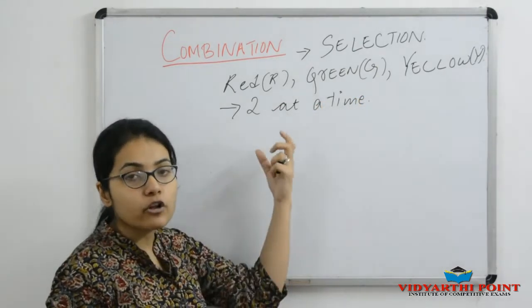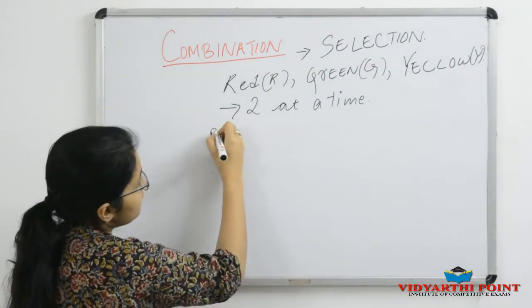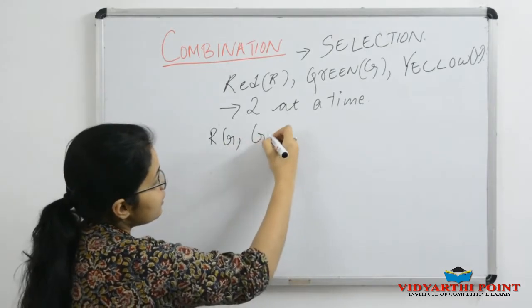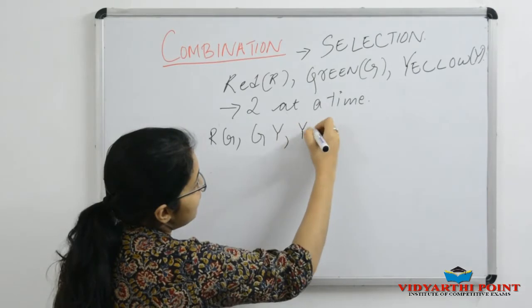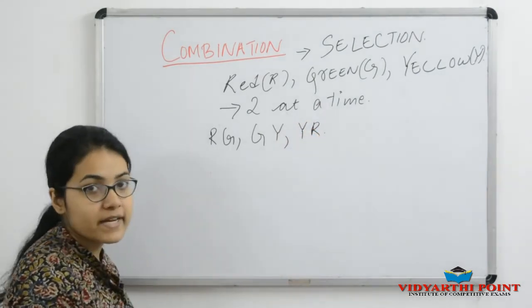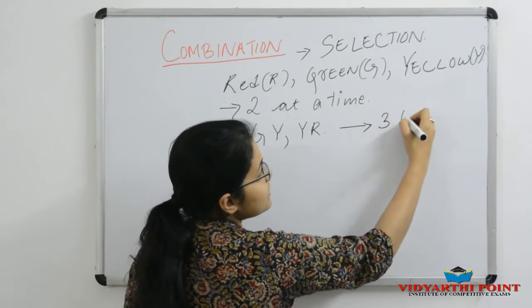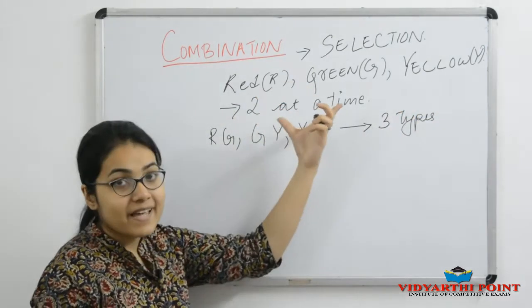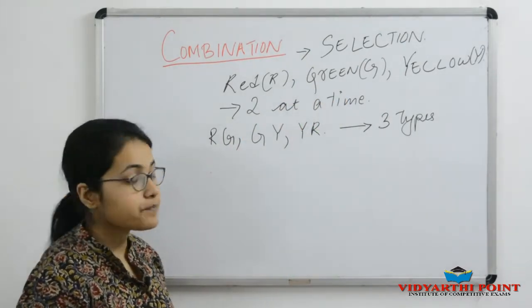Out of these 3 balls you have to select 2 balls. So red and green is one selection, green and yellow is one selection, yellow and red is one selection. That is, there are 3 types of selection while selecting 2 balls out of these 3.